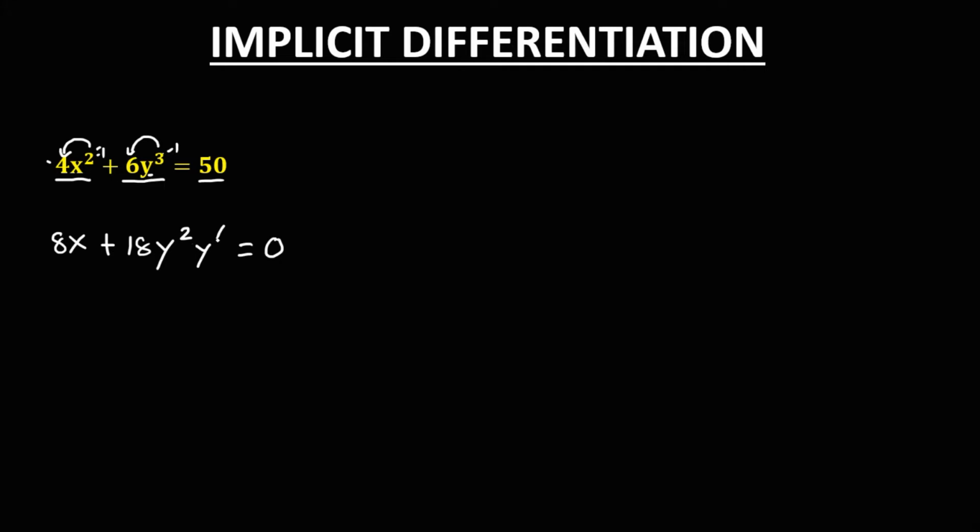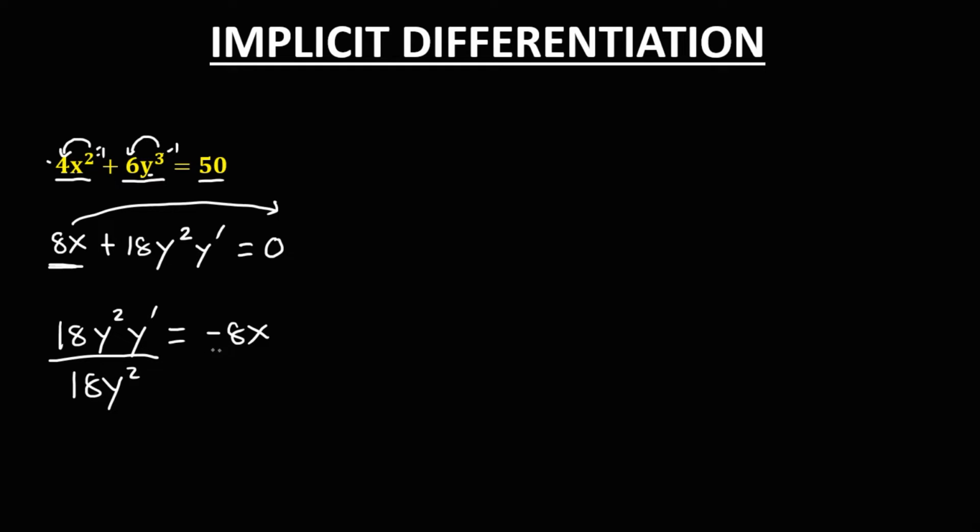Then to solve for y prime, we need to transpose this term with no y prime to the right side. So this becomes 18y squared times y prime equals, so this positive 8x becomes negative 8x. Then to solve for y prime, divide both sides by 18y to the power 2.